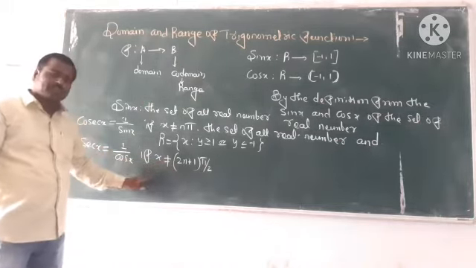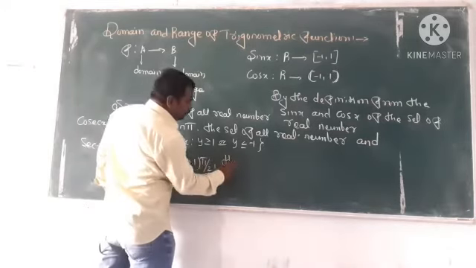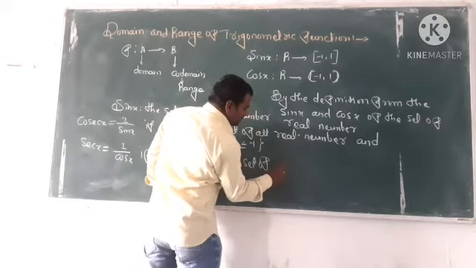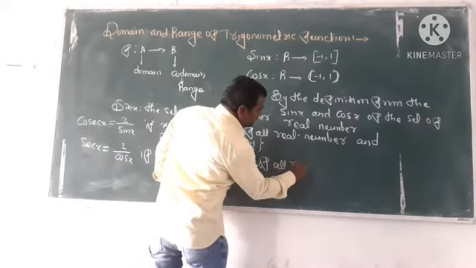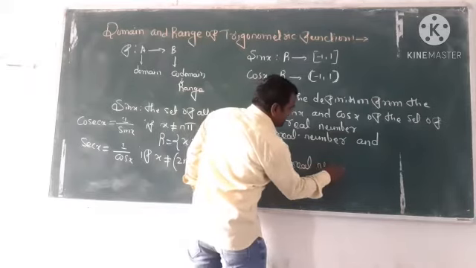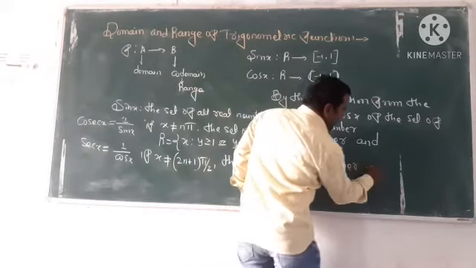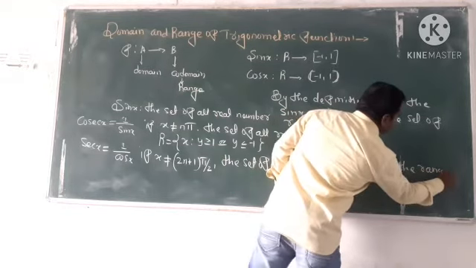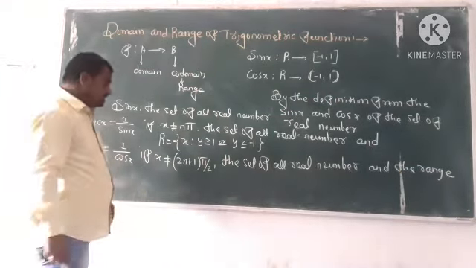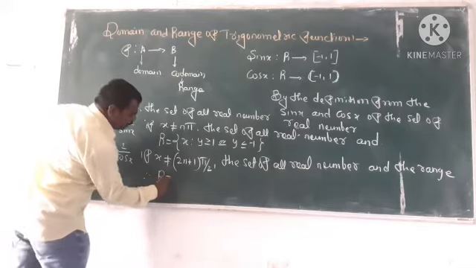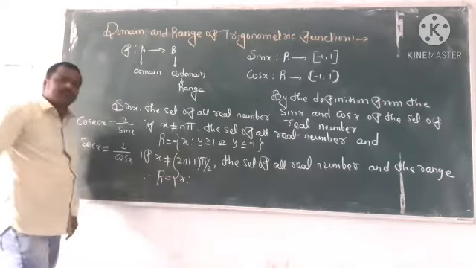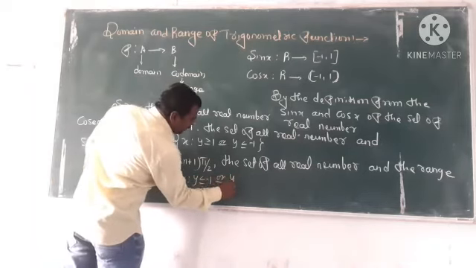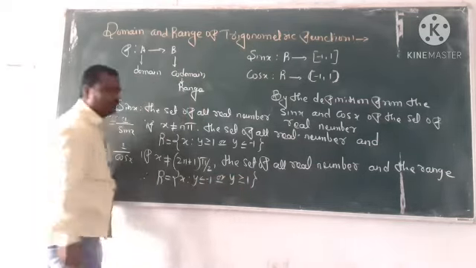Hence, in the domain, the set of all real numbers except these values, and the ranges are what we are going to consider. Range is most important: R equal to {y such that y is less than or equal to minus 1, or y is greater than or equal to 1}.